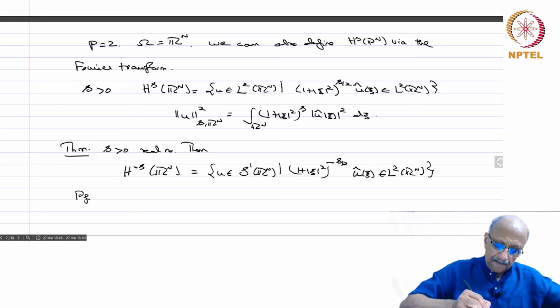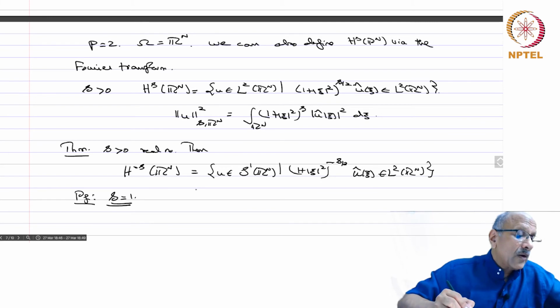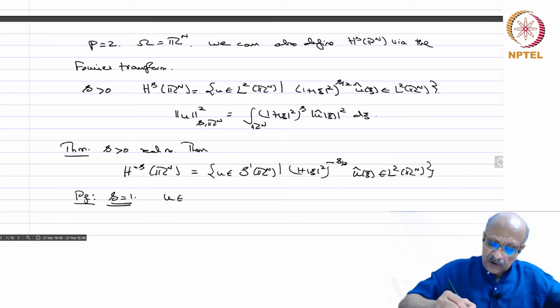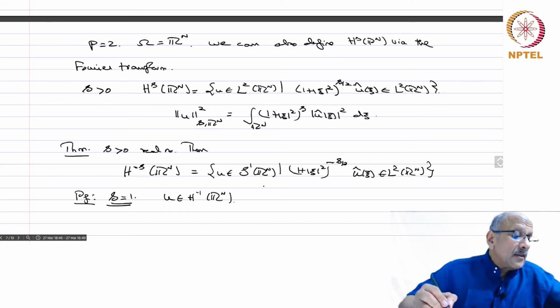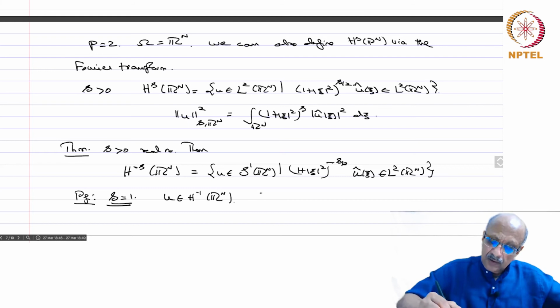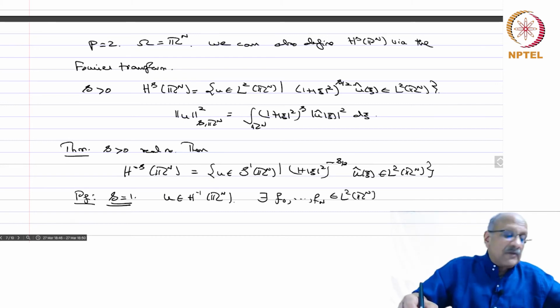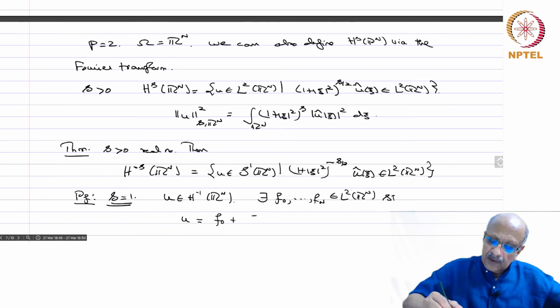Proof: we will do it only in the case s equals 1. Okay, so u in H^{-1}(R^n). Then we saw there exist f0, ..., fn in L^2(R^n), this we saw in the previous proposition, such that u equals f0 plus the sum for i equals 1 to n of ∂f_i/∂x_i.